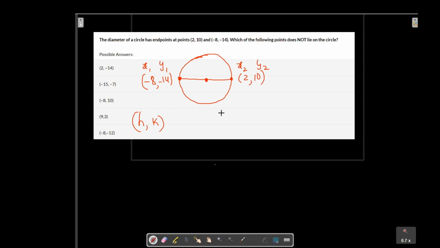The midpoint formula is (x1 plus x2) divided by 2, (y1 plus y2) over 2. That is negative 8 plus 2 over 2, and negative 14 plus 10 over 2.